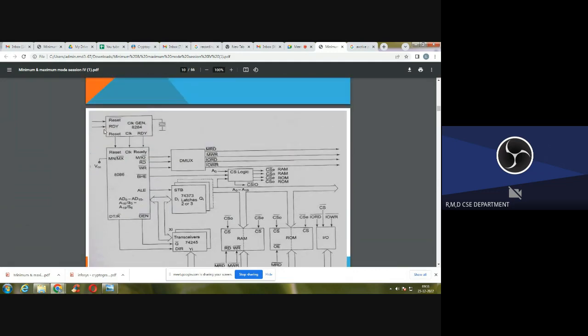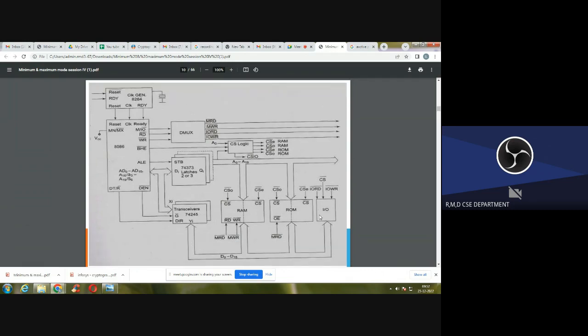Here we have the IO control logic, reset, ready operation connected to VCC at the minimum mode pin, and then the memory read operation, write operation, bus high enable, address latch enable, and a total of 20 address lines. Then the data enable and data transfer are placed. The multiplexer, latches, transceivers and IO operations are here.